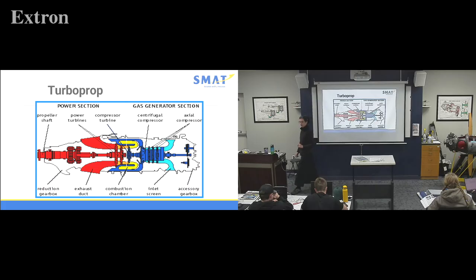We'll talk about that. You do lose some efficiency having the air switch directions, but when you do swaps with air, it's minimal compared to the benefits. With the shorter engine too, you're reducing the drag on the airframe. And weight.